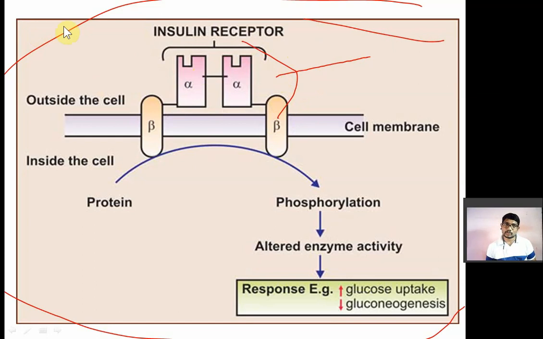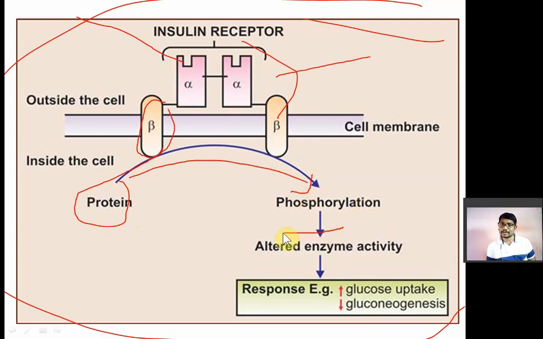Now insulin will bind to the alpha subunit of the insulin receptor, and this binding will stimulate the beta subunit of the insulin receptor, which is linked to a protein. This protein will be phosphorylated, and this phosphorylation will alter the enzyme activity.